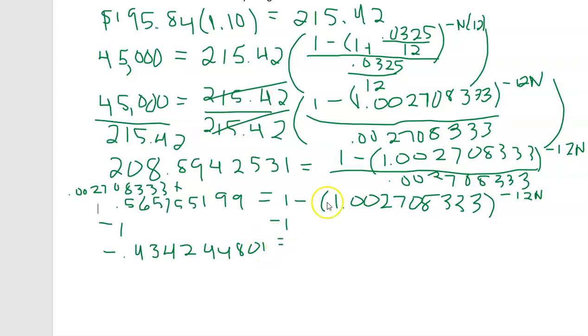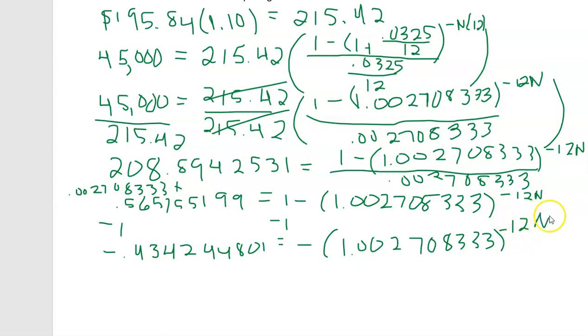Now one thing we have to notice is I still have this minus sign in front of this, so it's still negative for the moment. We're going to change it to positive. All right, so this is negative and this is negative, so I'm going to multiply through by negative 1. All that does is effectively change both sides to a positive. And we need a positive in order to do our next step.